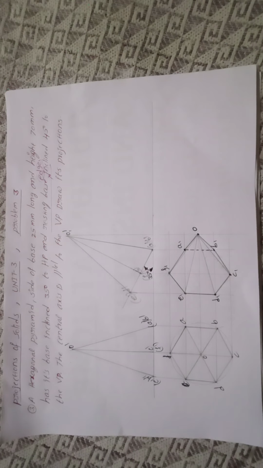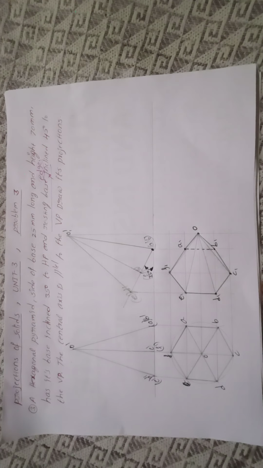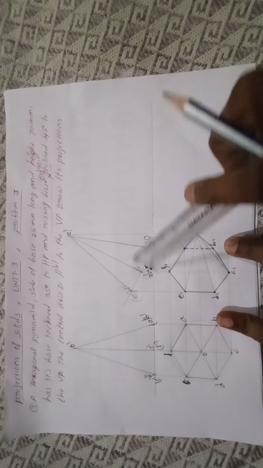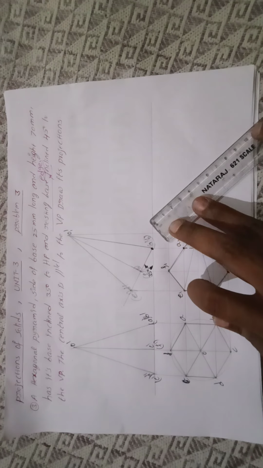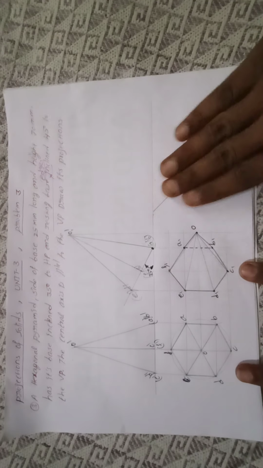Next, what inclination do we have to take? Resting edge 45 degrees. Which is resting here? This AB, which is on the reference line. This AB is resting. How much inclination is AB taking? 45 degrees. So take a 45 degrees inclination first. Upper inclination is completed. Now the down inclination. So take a 45 degrees inclination line. On this 45 degrees inclination line, you just shift this to here.